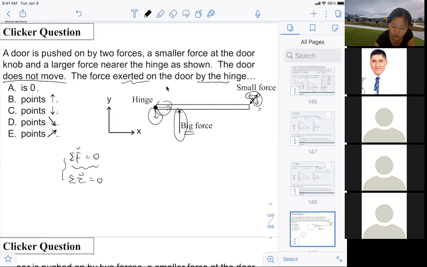So you need another downward force so that the two forces pointing down can balance the one force pointing up, so that our force equation can be satisfied. Yes, very good. It turned out we can just use the force equation to figure out the direction of the force from the hinge. We don't even need to go to the torque equation. Very good. I will see you shortly when we return.